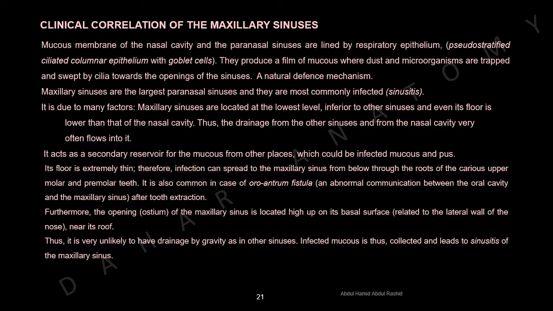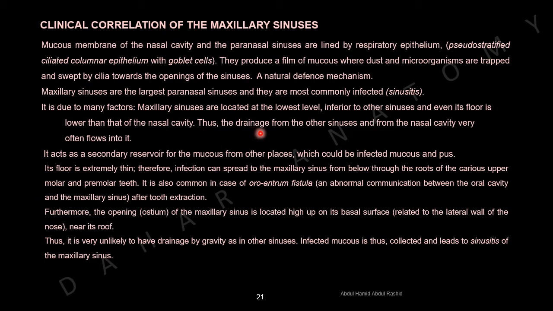Clinical correlation of the maxillary sinuses. Maxillary sinuses are the largest paranasal sinuses, and they are most commonly infected, called sinusitis. It is due to many factors. Maxillary sinuses are located at the lowest level, inferior to the other sinuses, and even its floor is much lower than that of the nasal cavity.